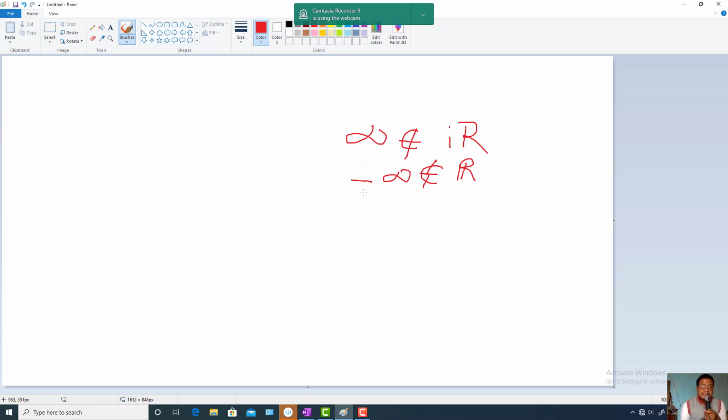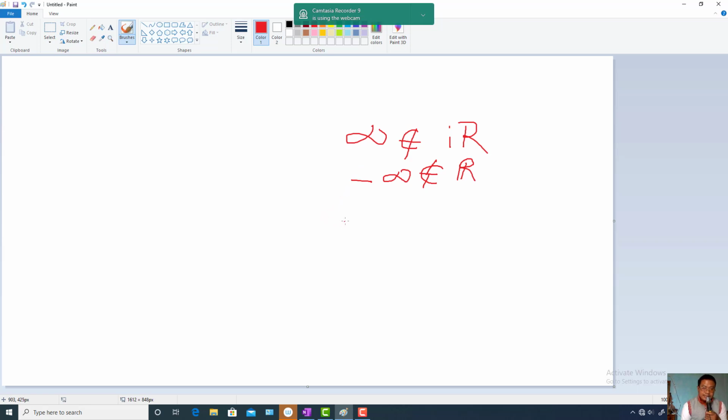Infinity and negative infinity are not members in the set of real numbers. So if we include these two numbers, then the resulting set we call extended real numbers. Then the question is how to define the mathematical operations in the new set containing these two elements, positive infinity and negative infinity.